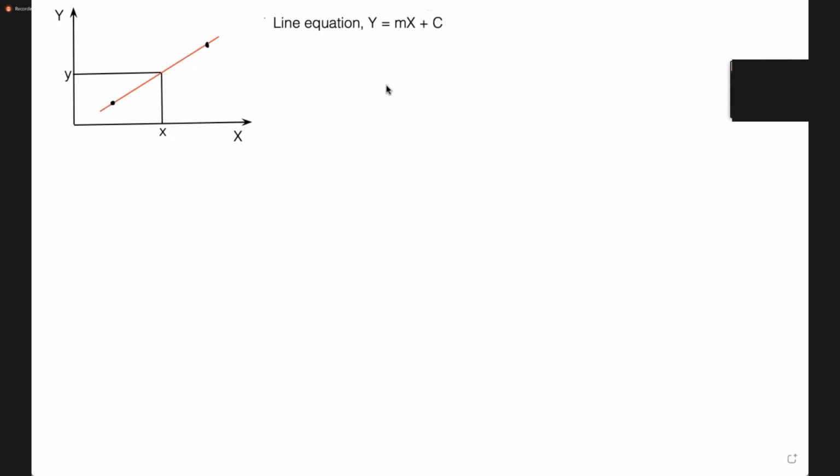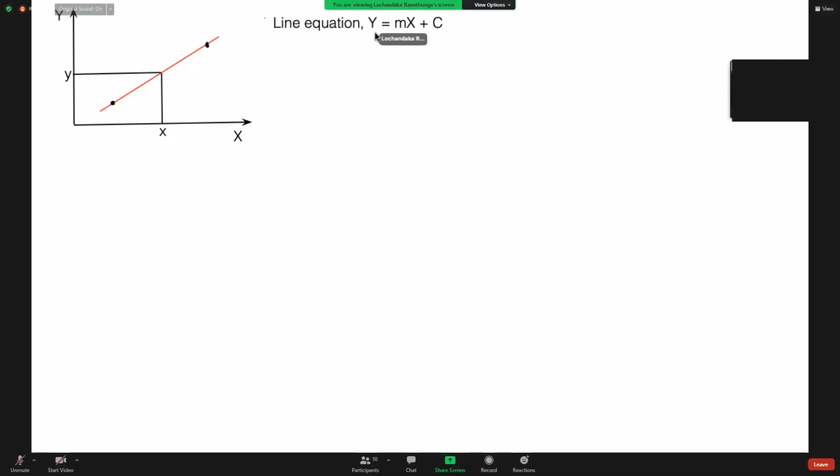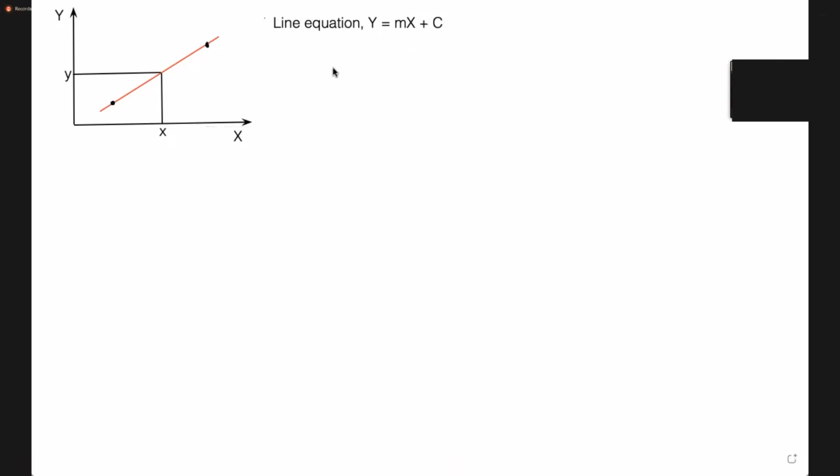Right. So here, when we substitute the x value and this gradient is there, then you are getting the y value here. Therefore, if this line equation is y equal mx plus c, we know what is c and m.